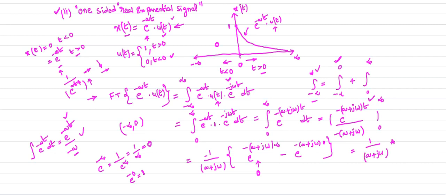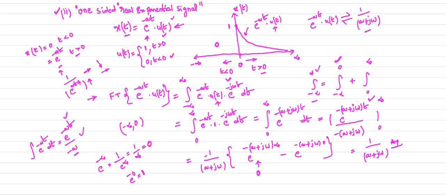So your Fourier transform of the one-sided real exponential signal, I can write the answer here, e power minus at into u of t. So its Fourier transform is nothing but 1 by a plus j omega.